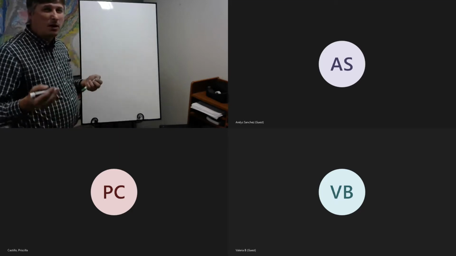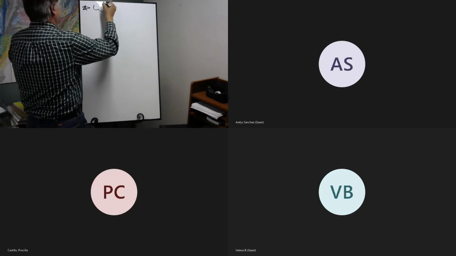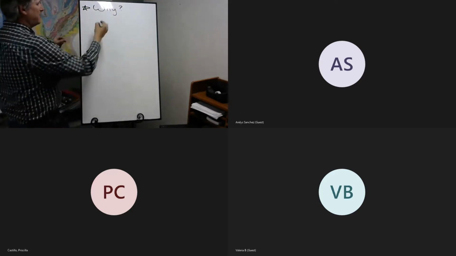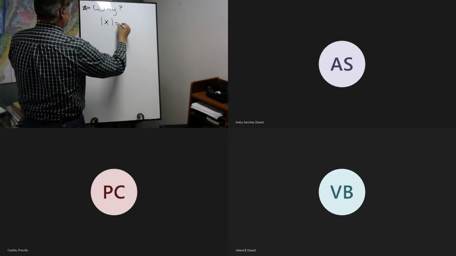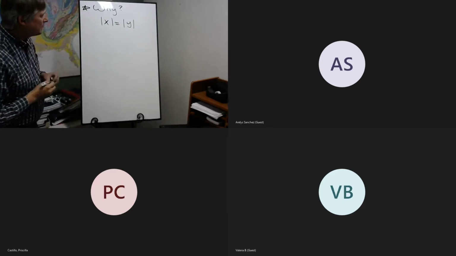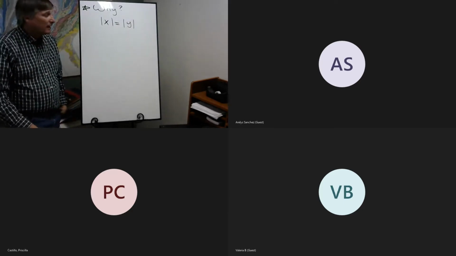So I just want to go into why this happened. Well, let's say you have this: the absolute value of x equals the absolute value of y.